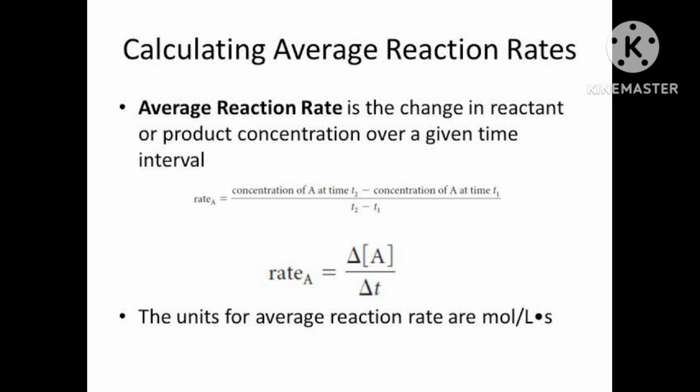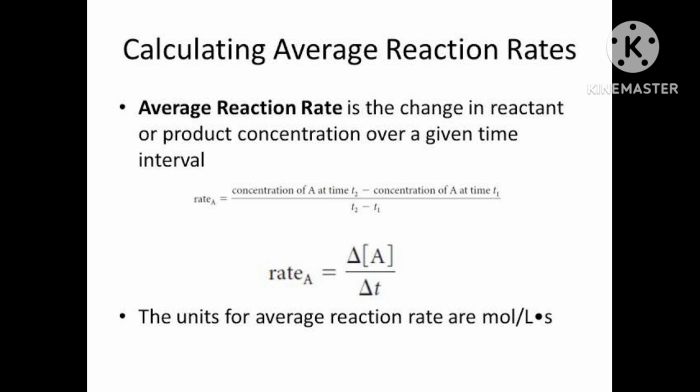Suppose 2HI gives H2 plus I2. 2HI gas, hydrogen iodide, gives 1 mole of H2 and 1 mole of I2. Correct? Then what will be the rate of reaction?